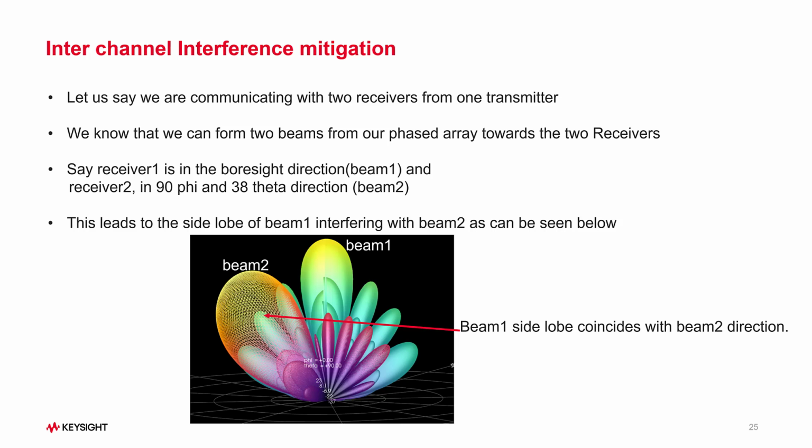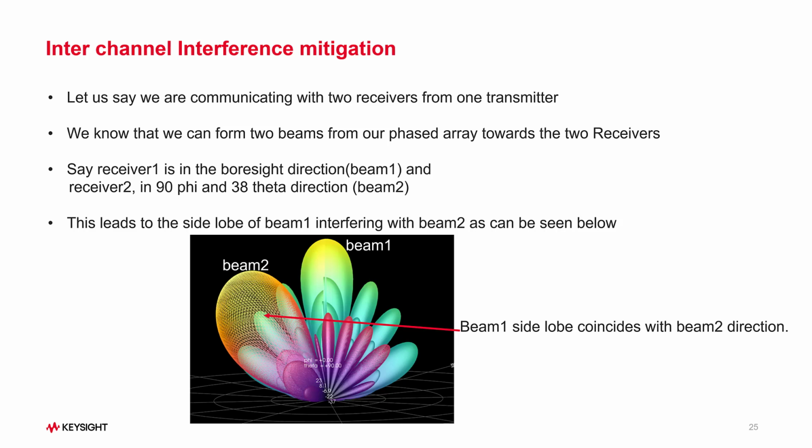38 degrees elevation. If we carefully look at beam 1, it has a side lobe precisely in the direction of beam 2. So if we are communicating, our user 2 or the receiver 2 will receive information that we intended for beam 1. So the user 2 or the receiver 2 will receive not only the desired information, but also undesired information from beam 1.